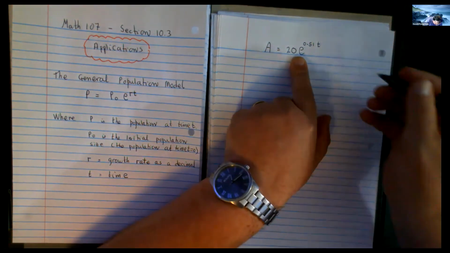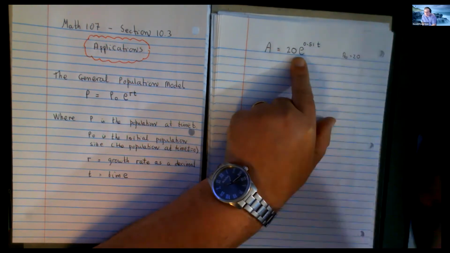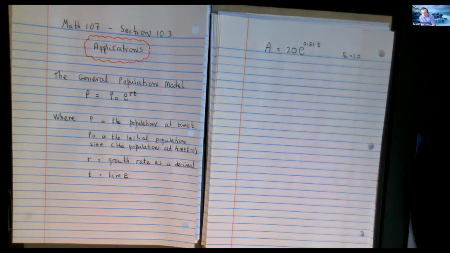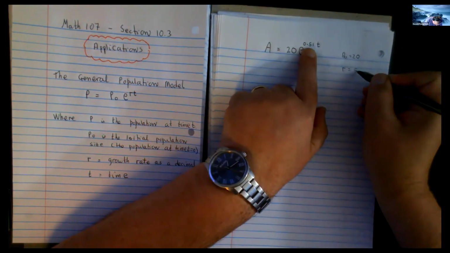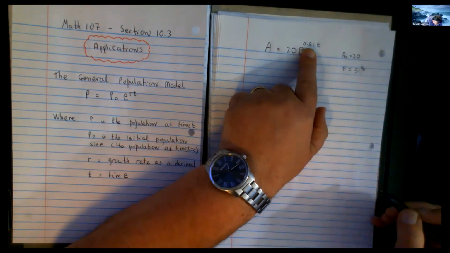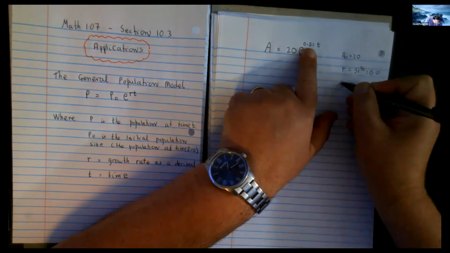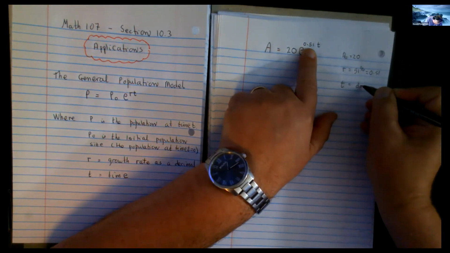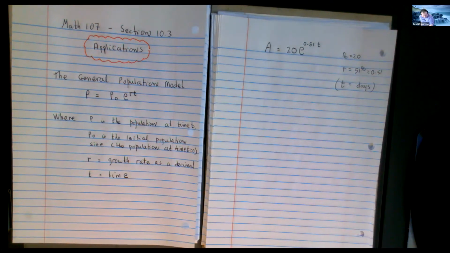Now, in the story, you started with 20 people with the Scottish flu. The growth rate is 51%, which as a decimal is 0.51. And I'm going to have time in days, because time doesn't always have to be years, right? In fact, when you do bacteria, time can sometimes be minutes.